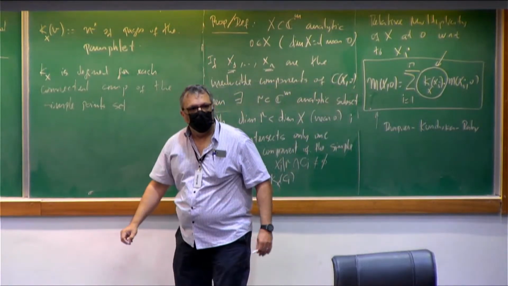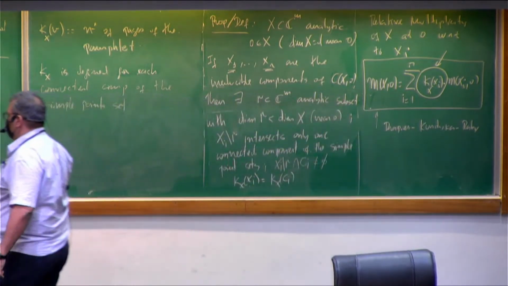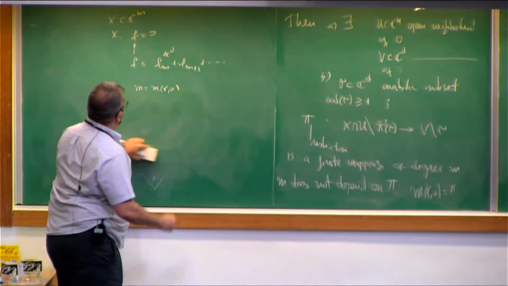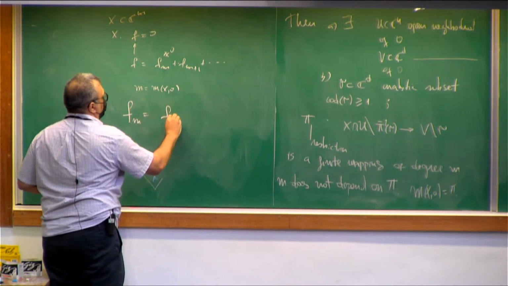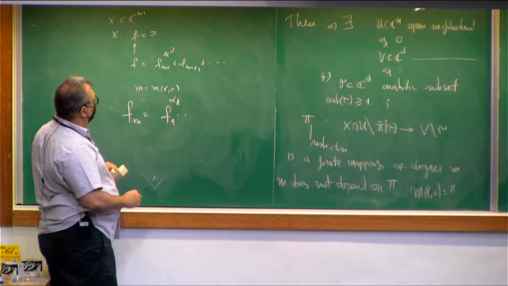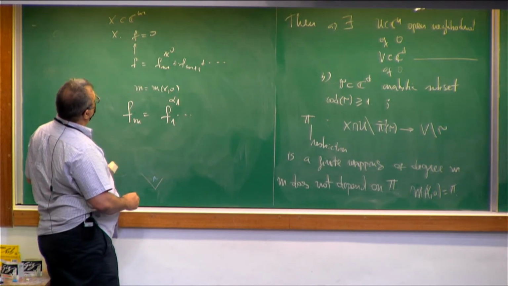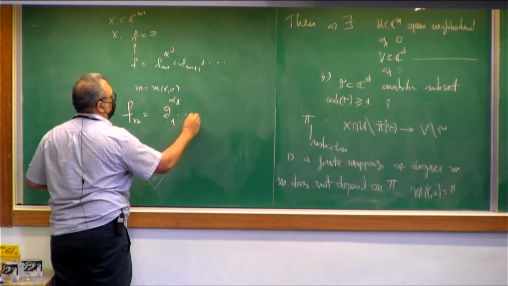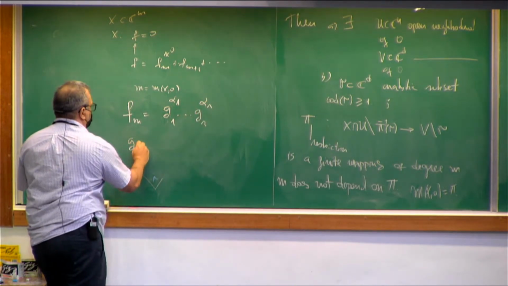Then F_m, you decompose F_m in this way. G_1 to G_r, then X_Y equal to 0.